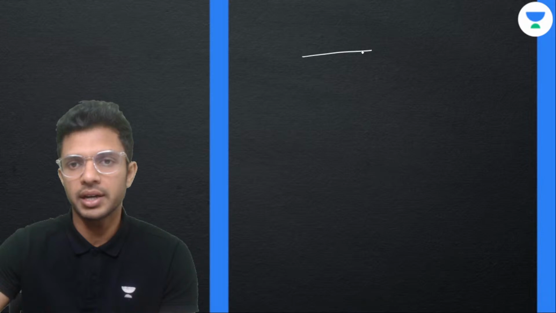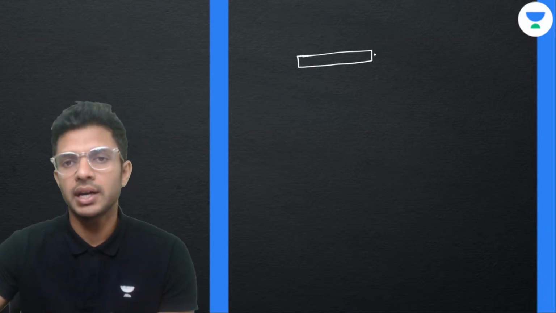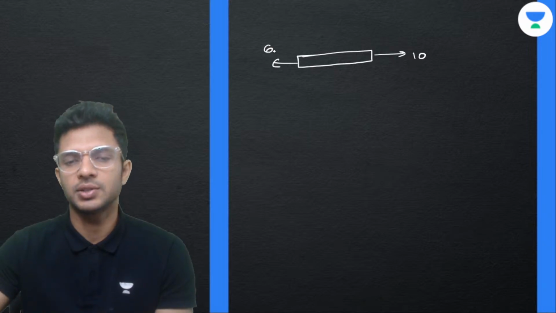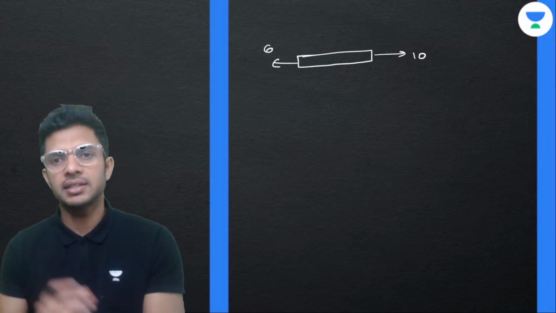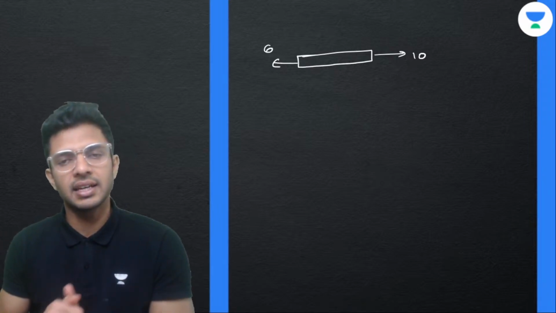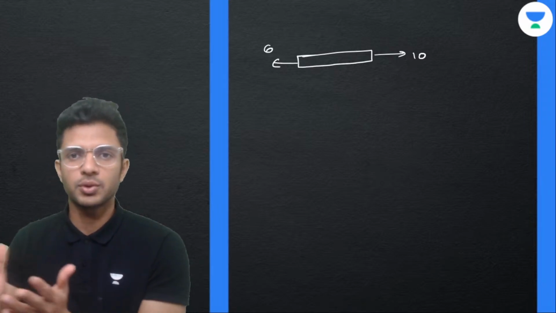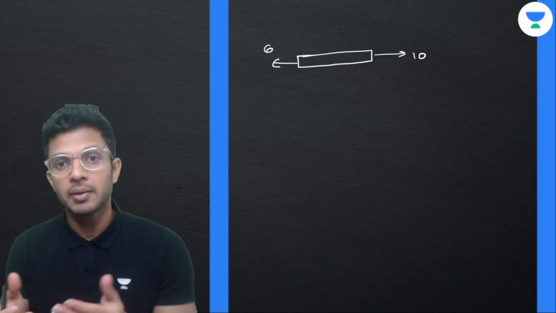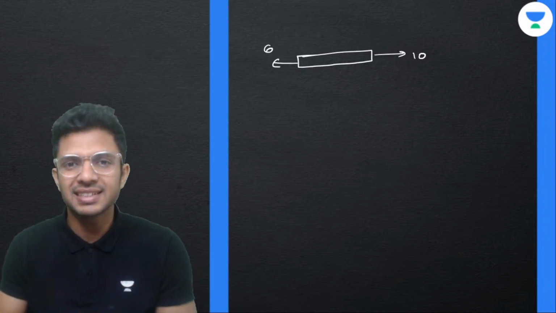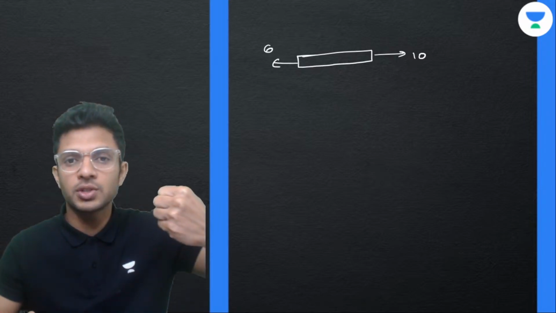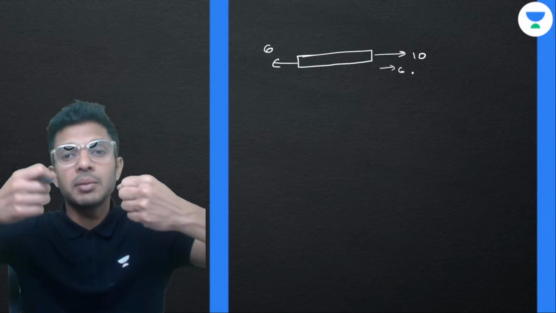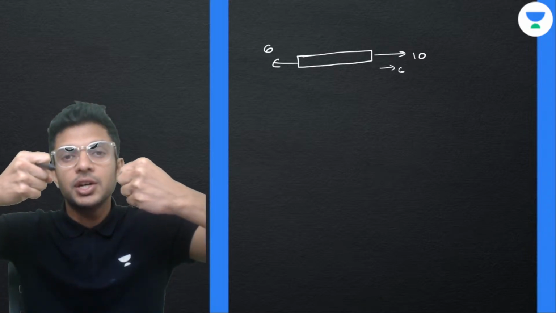Look, you have a wire. On this wire, to the right I am applying 10 Newton and to the left I am applying 6 Newton. Will there be a net force acting? Yes, 10 minus 6, 4 Newton. With that 4 Newton, can this wire accelerate? Yes, it will be accelerating towards the right because the net force is towards the right. My question: during this time of acceleration, can it elongate? Yes, because there is a 6 Newton force towards the left, and from the 10 Newton there will be an equal amount of 6 Newton to the right also.